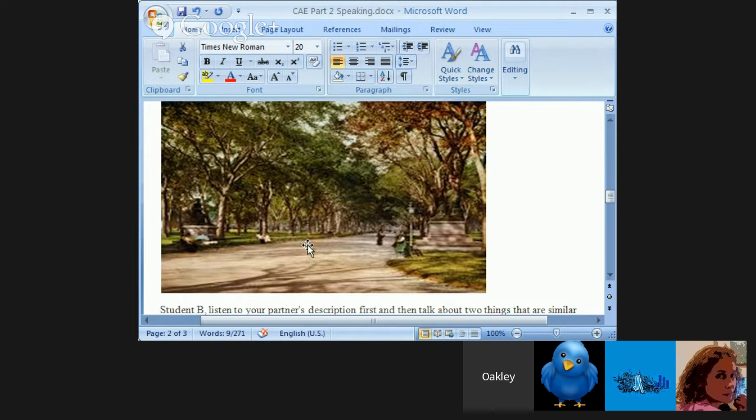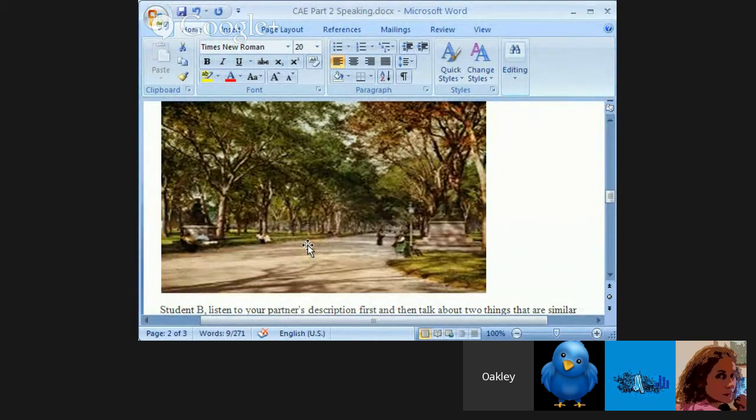It's like autumn because I see some of the trees, the leaves have turned yellow, and I see a lot of trees here. I don't know, it's like a forest, a park with a lot of trees.